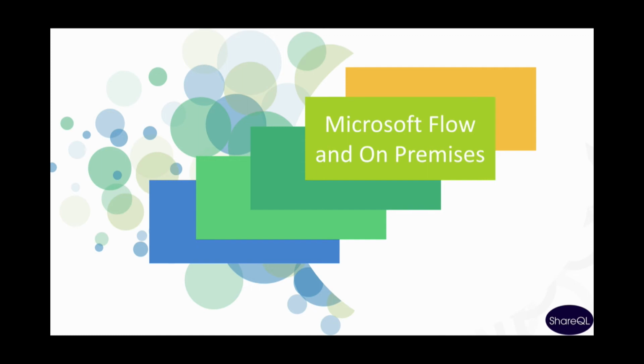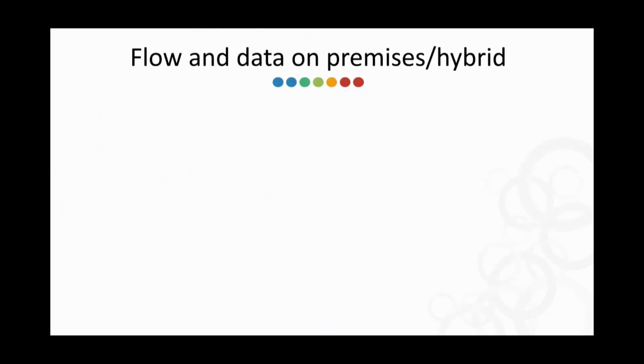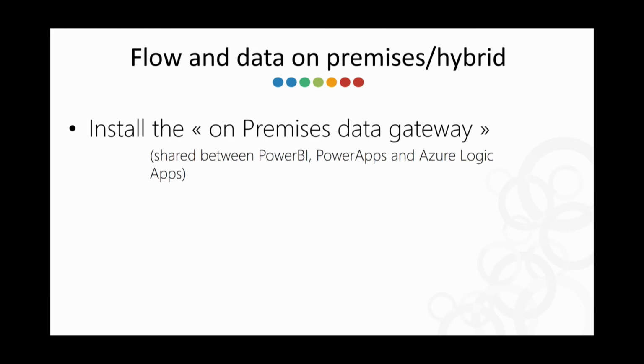So to do that, you can use a feature that we also use in the Power BI world. To manage data on-premise and Flow, you will use what we call the on-premise data gateway. How many people have used that on-prem data gateway? A few, okay, good. So what is it exactly?